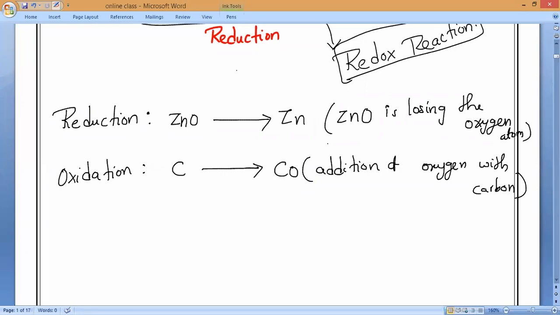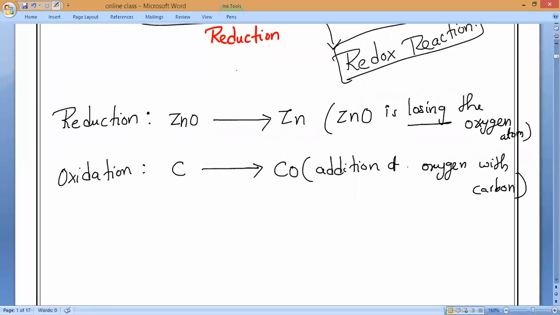So ZnO gets reduced. ZnO converts into Zn after heating by loss of the oxygen atom. In the same way, C gets converted into CO, carbon monoxide, by combining with oxygen.